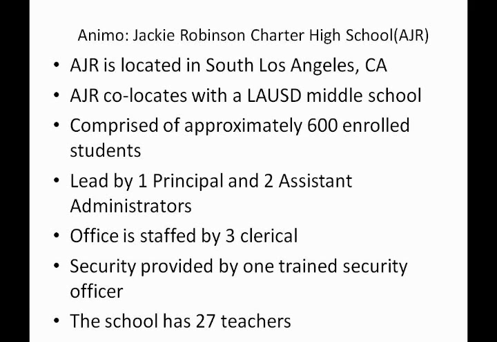Our office is staffed by 3 clerks, and we have one trained security guard for our whole school. The school itself has 27 teachers, and these teachers all vary from special education, history, English, math, whatever you might have in a comprehensive high school, we have.